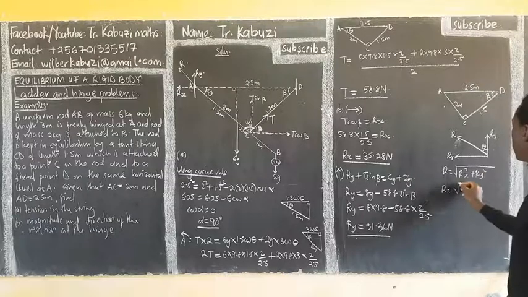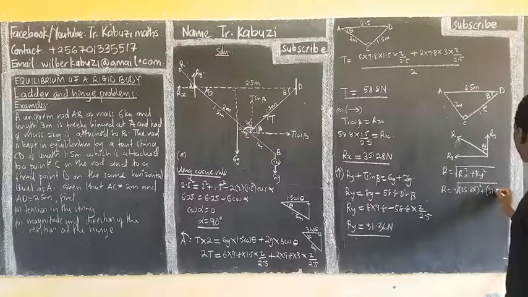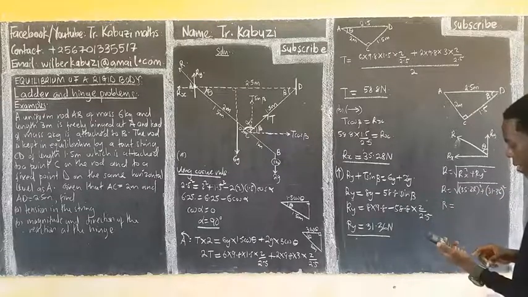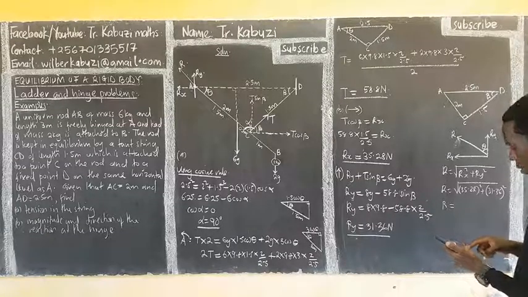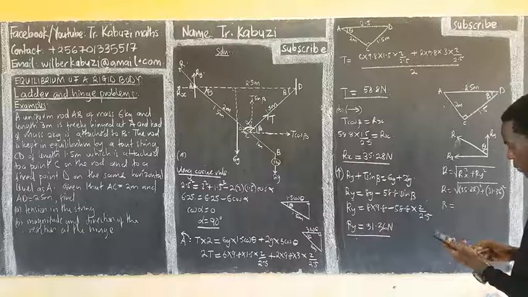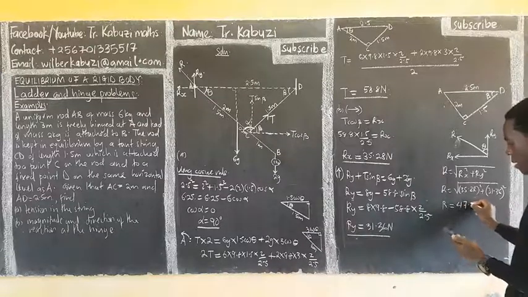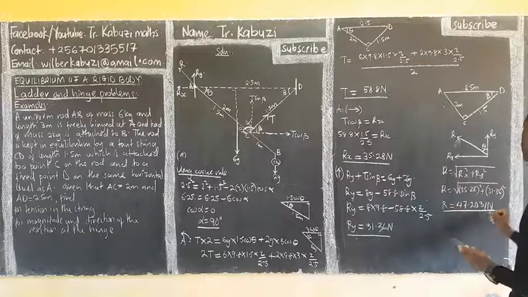So my R will be 35.28 squared plus 31.36 squared. So my R from there will be 47.2031 newtons. That is my reaction.